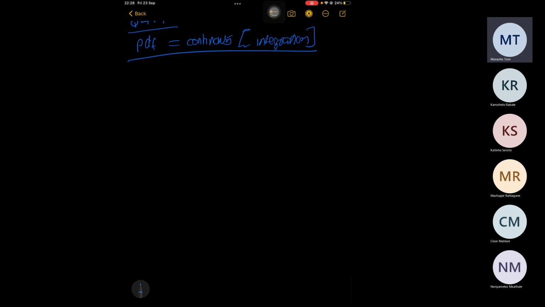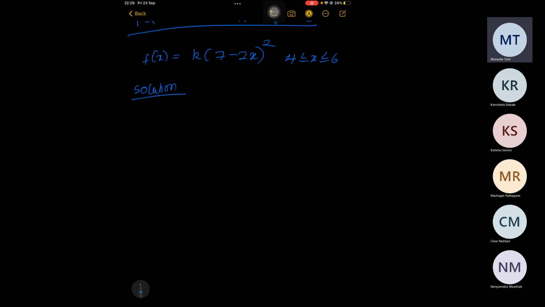So it's saying f(x) is given by k into 7 minus 2x squared, where k is a constant whose value is unknown. So they want us to calculate the value of k. Then the range that you are given is from 4 to 6. Then how do you go about it? The solution: f(x) is given as that.